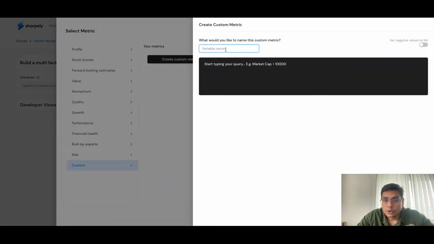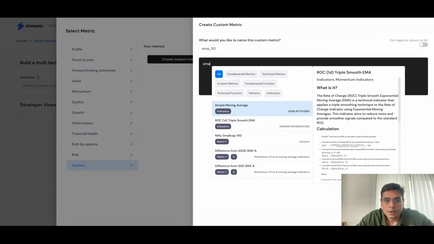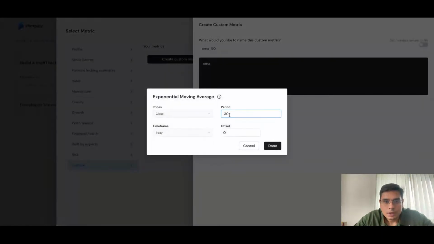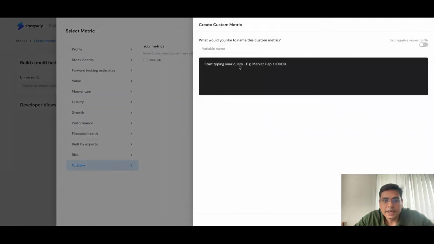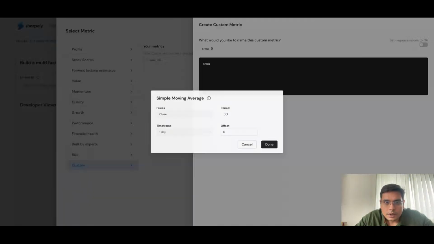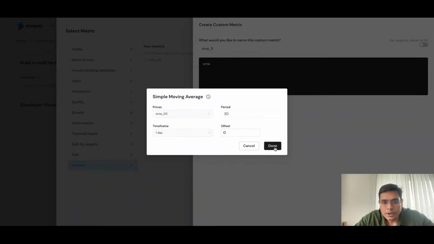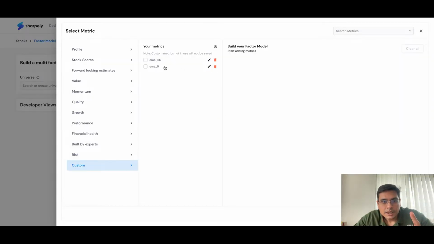Say you want to create a metric which is SMA 9 of EMA 50, right? So you create EMA 50, and then you can create an SMA 9 of this EMA 50 that you did, and then use this SMA 9 in your factor model.